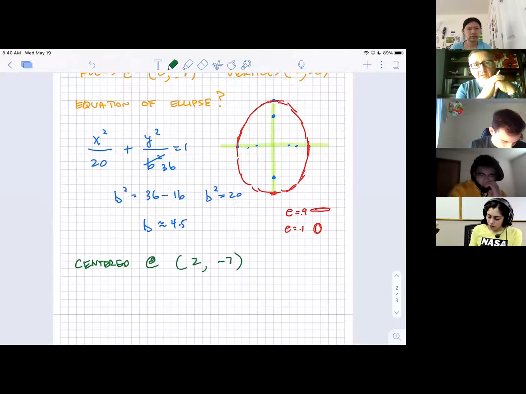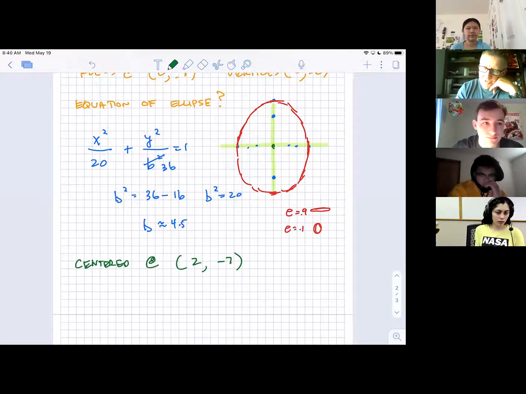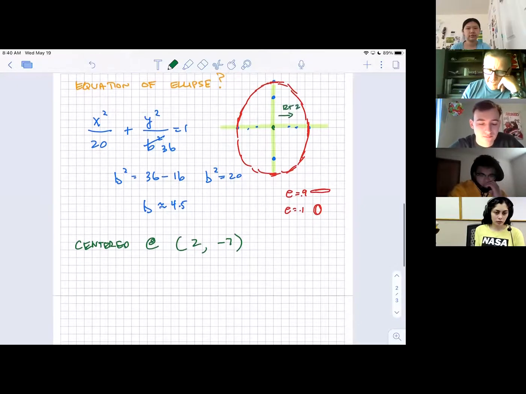Don't consider that at the start. Get it done, like we got the ellipse now. Awesome. Well, now just go put it over there at 2, -7. So if its center is no longer here, but I'm going to slide it right to there, you should already know this. What do I need to do to the equation?